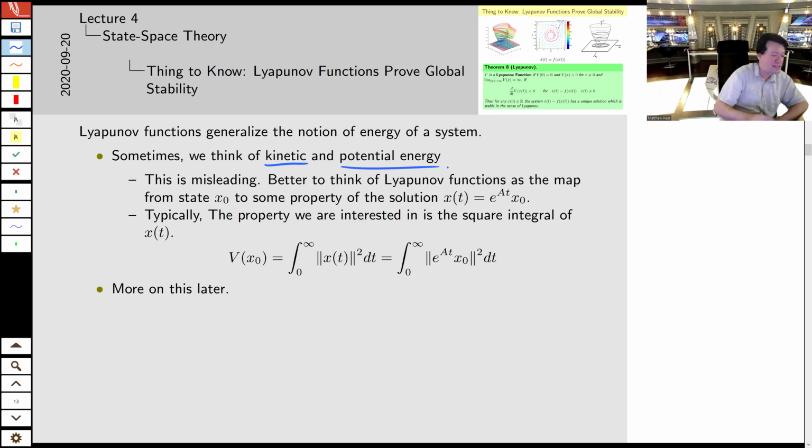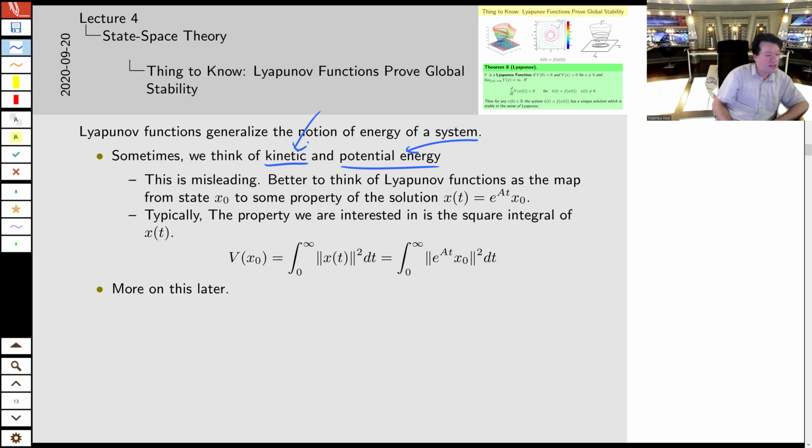But the problem here is potential energy is not actually energy. If you're just thinking in terms of a conservative system, kinetic energy is an energy, but what is potential energy? Well, in a conservative system, there's a well-defined notion of potential energy, but in most systems, there's not, right? So what's the right way to think about Lyapunov functions?